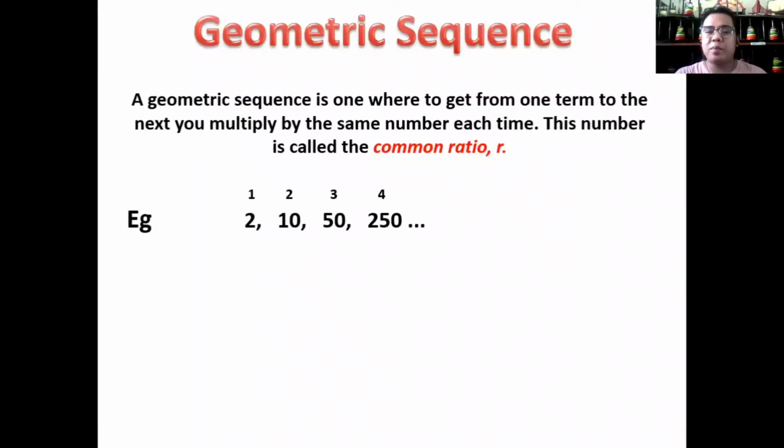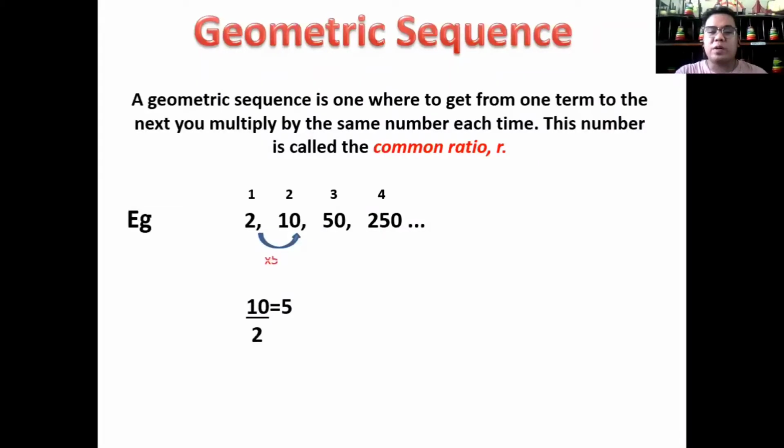For example, 2, 10, 50, 250, and so on. So how are we going to know what type of sequence this is? As we notice, the second term, 10, is obtained by multiplying 5 by 2.